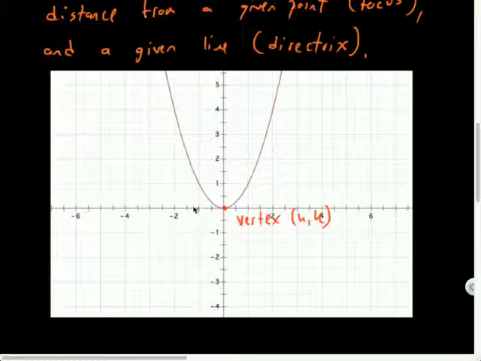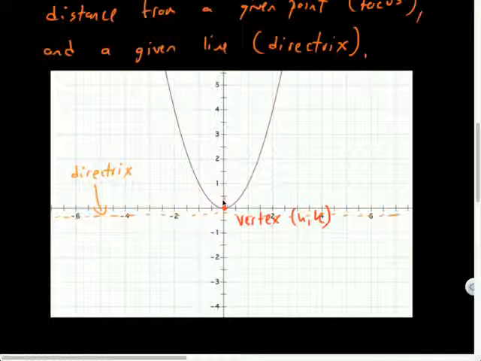Now that I think about it, what would the value of p have been? 1/4 p. Well, I'm just going to draw it. I think it would probably end up being at 1/4, unfortunately. So I've got this line called the directrix, which is not part of the graph. It's used to create the graph.